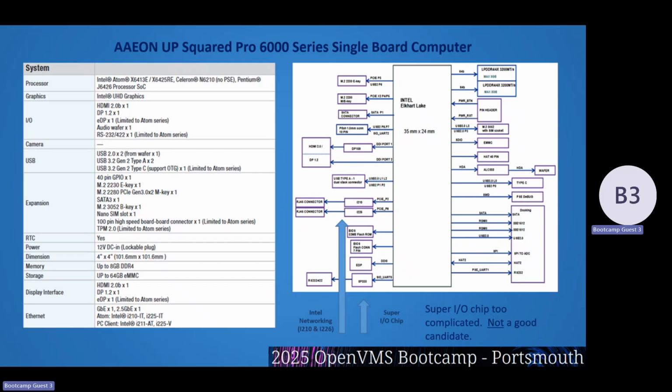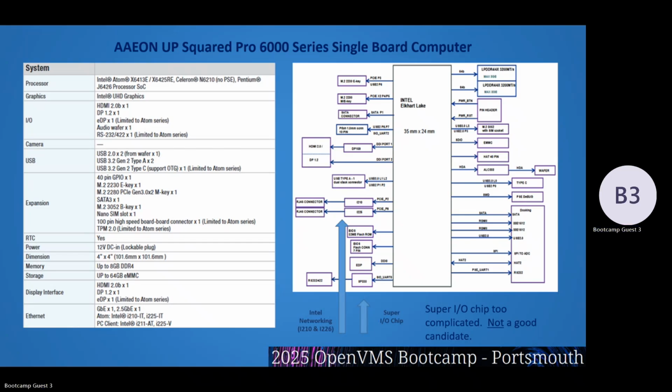This guy had both I210 and 2.5 gigabit networking. But this guy down here, they used a different Super I/O chip.